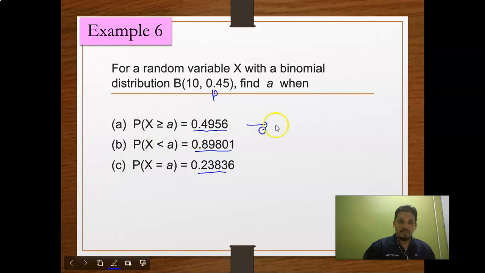Okay, for this one here, the probability of X greater than or equal to 5 equals 0.4956. So then the value of a here is equal to 5.